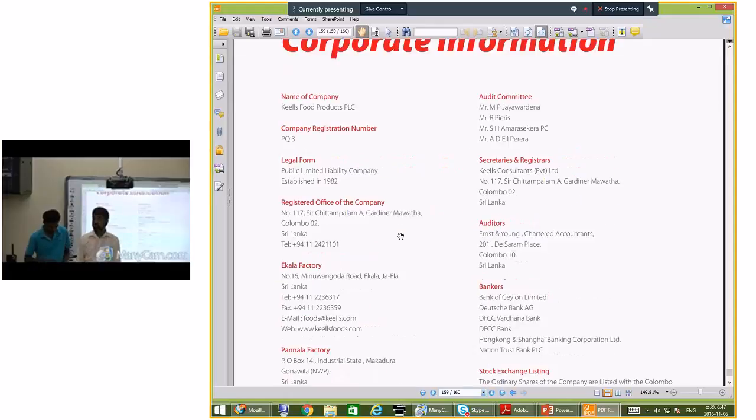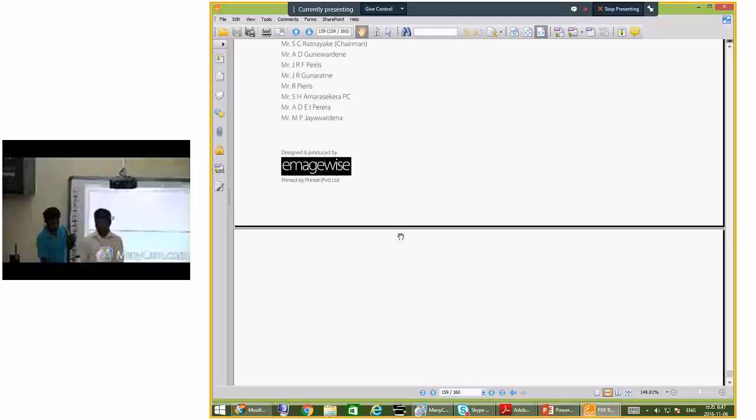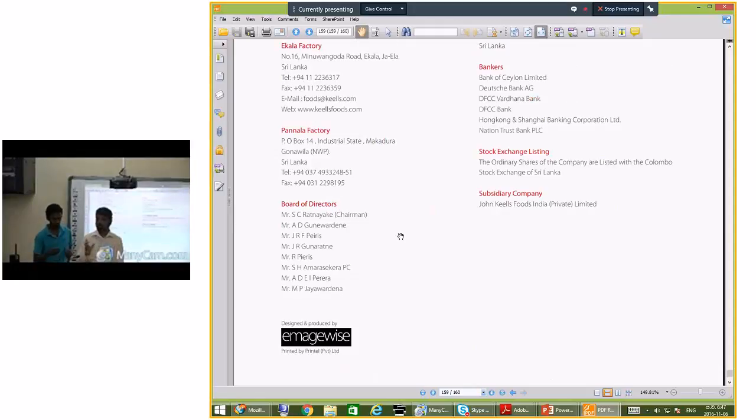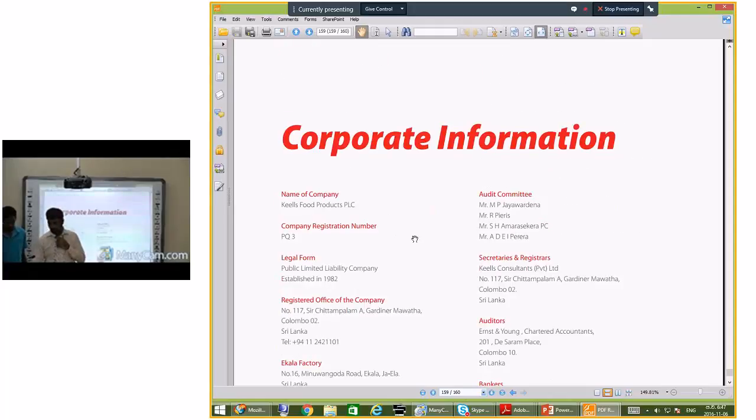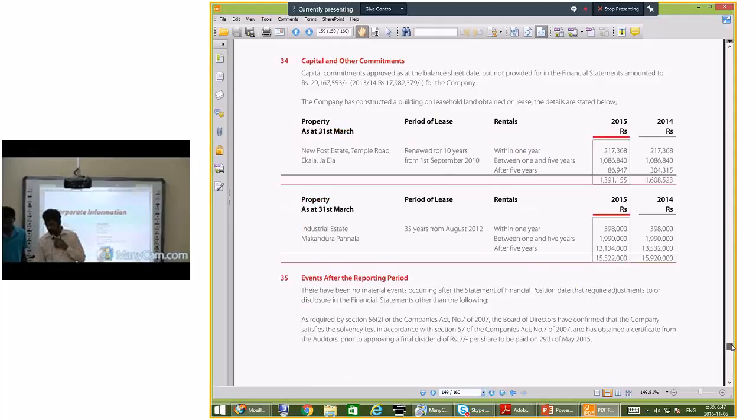Different sectors, right? Then we can compare them with some specific line items and some additional information. Okay, next time we can continue these discussions. Today I only took this financial statement to discuss.